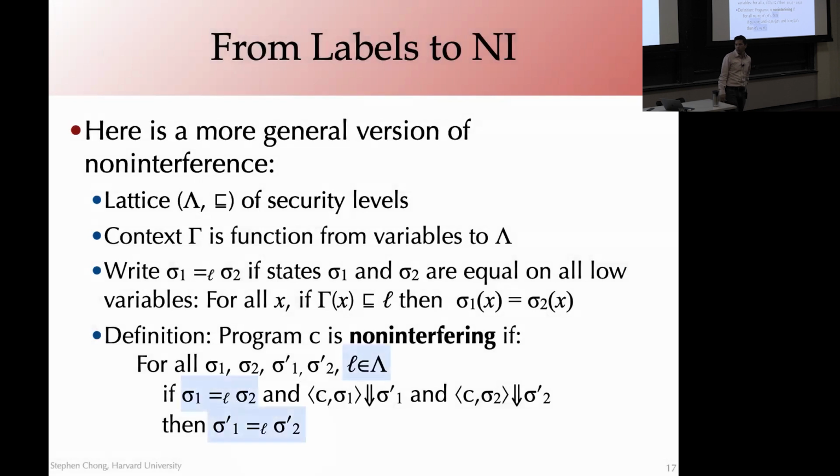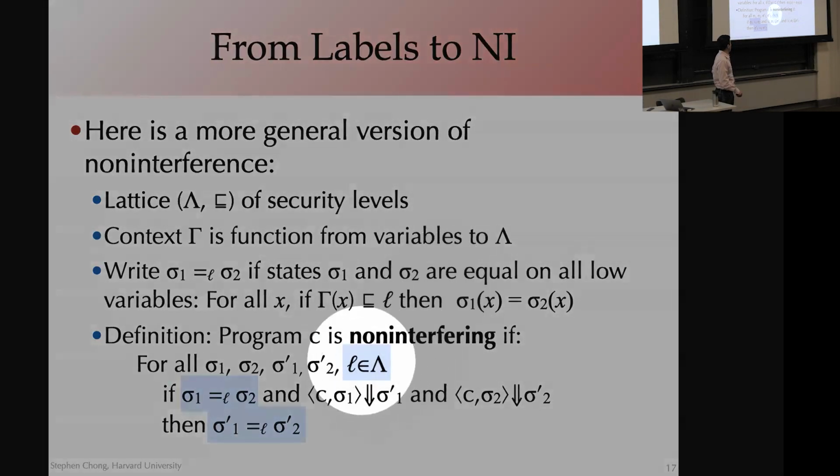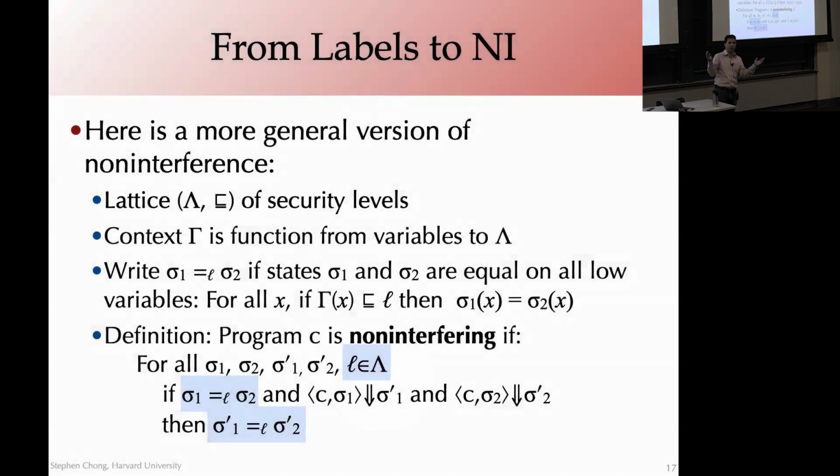I'm highlighting in blue where this definition differs from our previous definition of non-interference. Really, all that's going on is that instead of hard coding a specific security join semi-lattice of high and low, we're now allowing an arbitrary set of security levels.